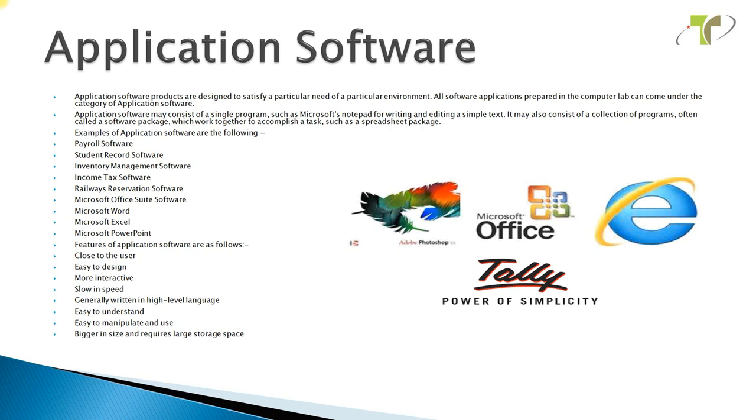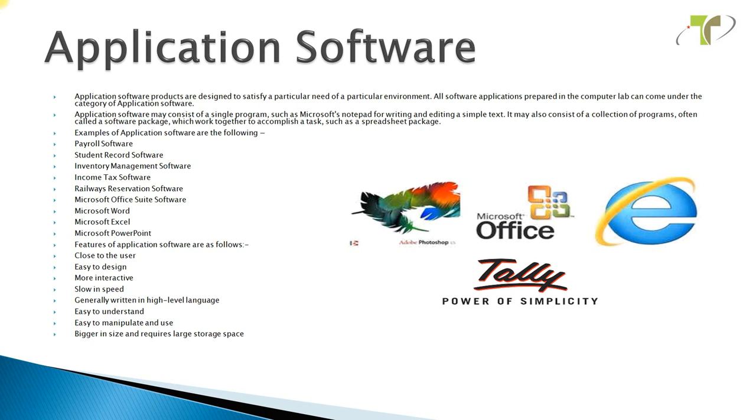The programmers, the software engineers who know the coding part, can design the program for the company and we can accomplish our task. So that is your application software. The application software is designed as per a work requirement.